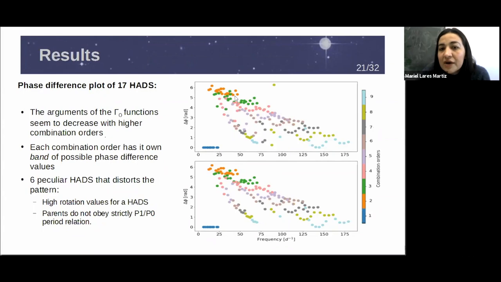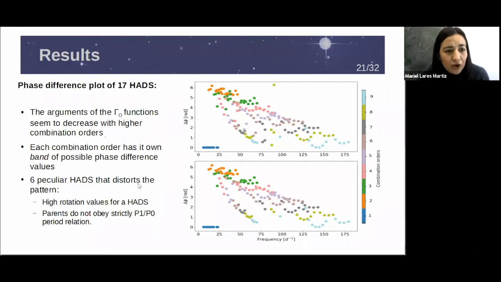So, for example, the arguments of the gamma function of order 2 are only restricted to the values of phase differences relation from 4.5 to 2 pi, and so on. Although there is obvious dispersion in the pattern.